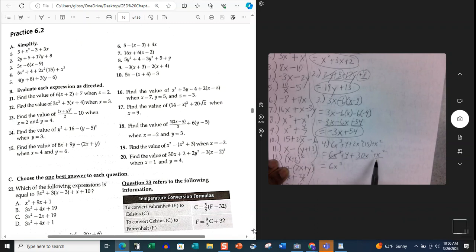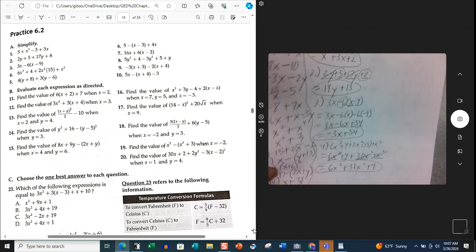Now, I told you previously, whenever you have a variable and it doesn't have a number in front of it, the number in front of it is assumed to be 1. So since these two are like terms, we'll take 30 plus 1, which is 31, and bring down our x squared. And then 4 we would just bring down as is, because there's no other like term.